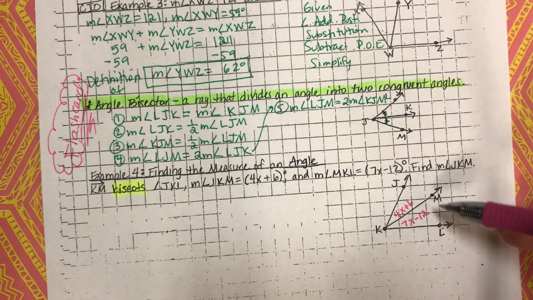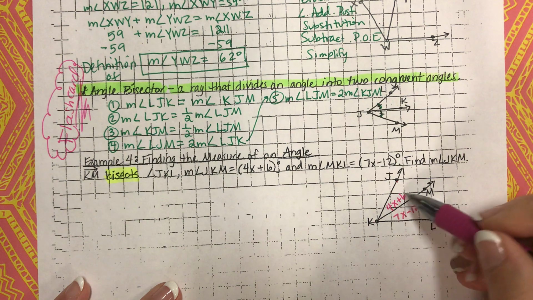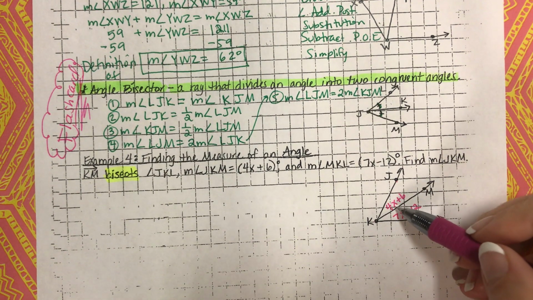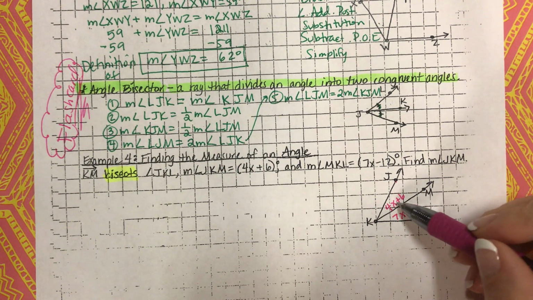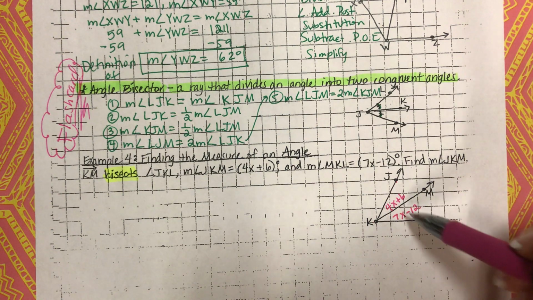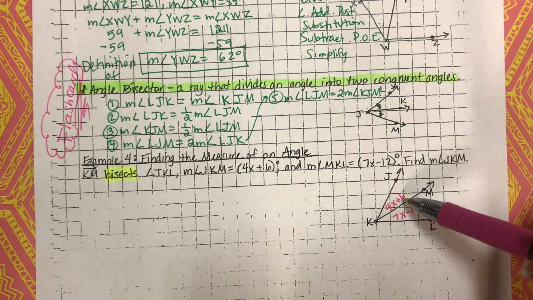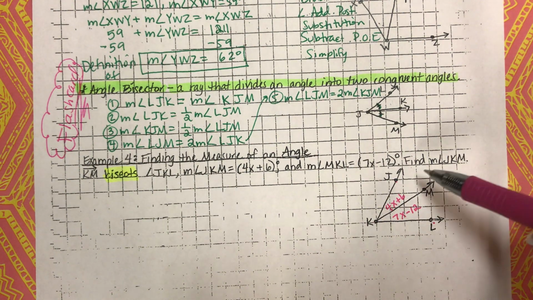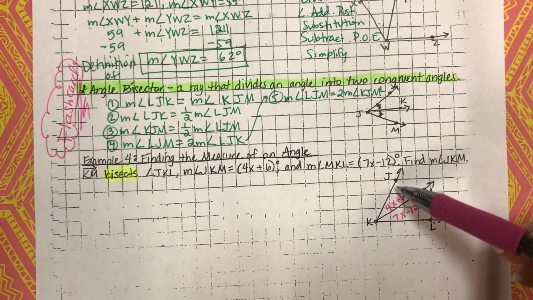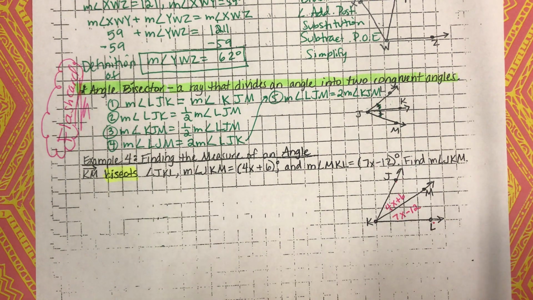So we need to find this value. Right now it's giving us an algebraic expression, so we actually need to figure out what x equals, and then we can substitute it back in there and figure out what the value of JKM is. All right?